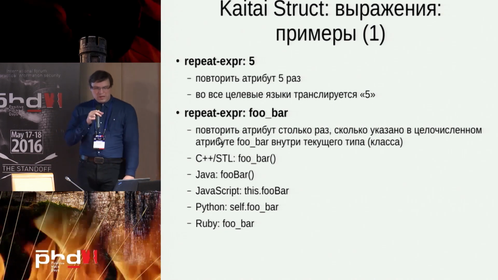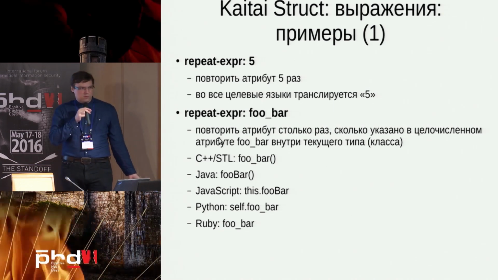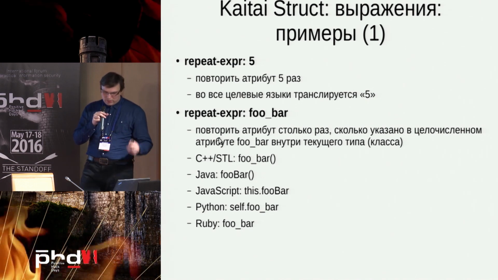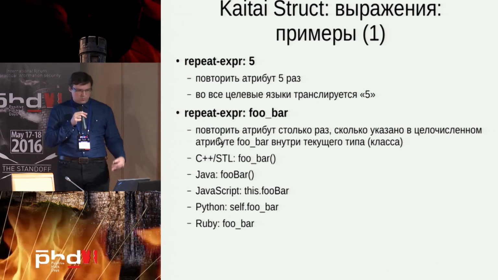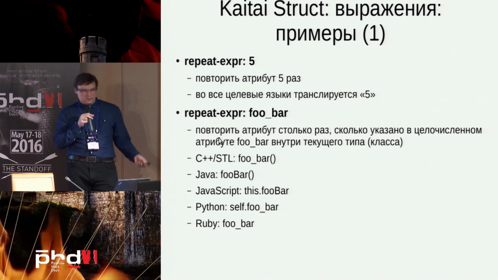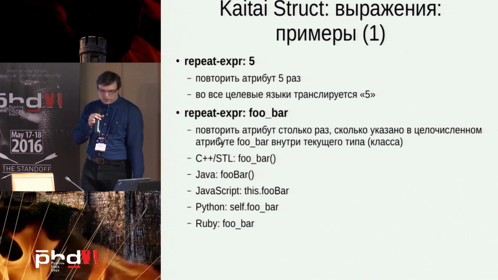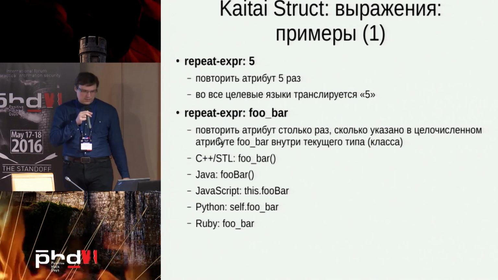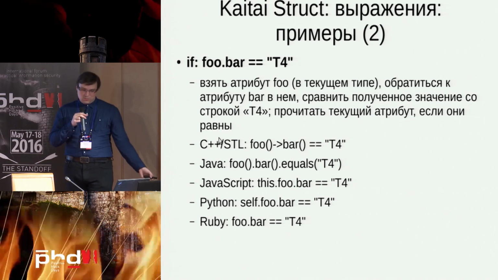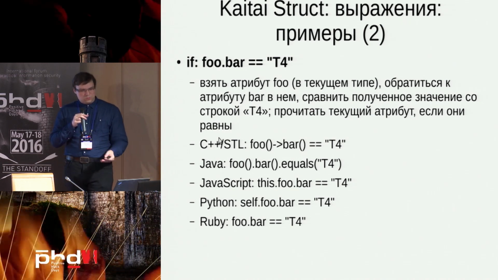For instance, you can say repeat-expr 5. For all these languages, it will mean repeat the attribute 5 times. You can indicate repeat-expr foo.bar, which will mean to repeat the attribute as many times as indicated in the integer foo.bar attribute within the current type or class.